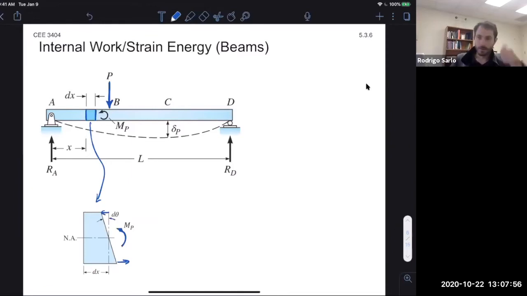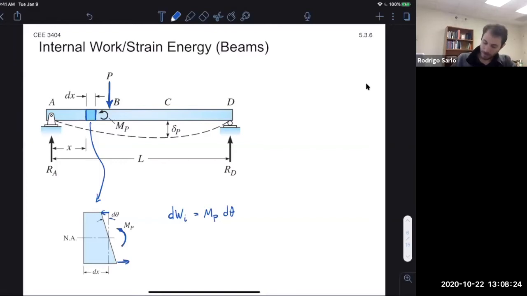So based on our definition for external work, we can adapt that for internal work as well. So the work done by that small section dx would be dWi, and that is my internal moment at that section times the angle of that section, okay?